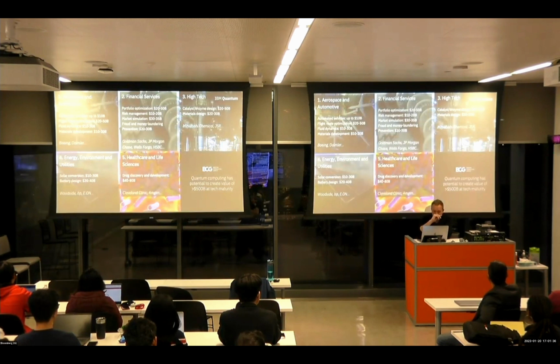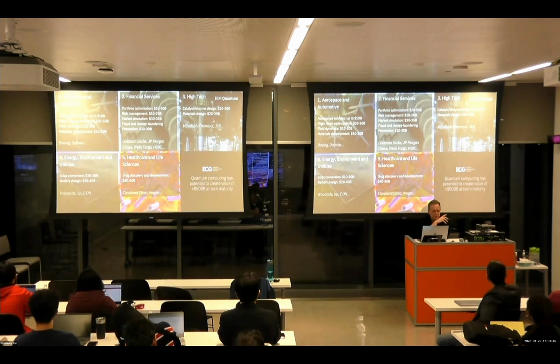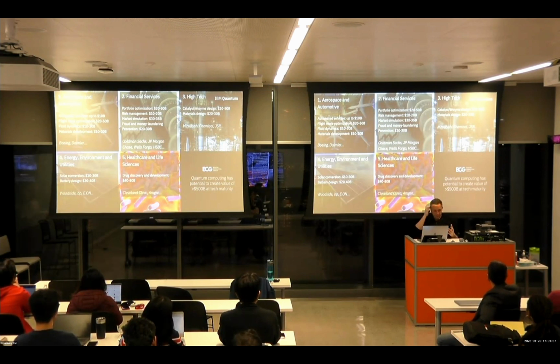And in terms of the value, this was a study done by our friends at BCG. These are not small numbers. So aerospace and automotive, the automated vehicle, flight optimization, fluid dynamics, we're talking $30 to $50 billion in terms of the values of those categories. Financial services, portfolio optimization, I didn't know this until I started.